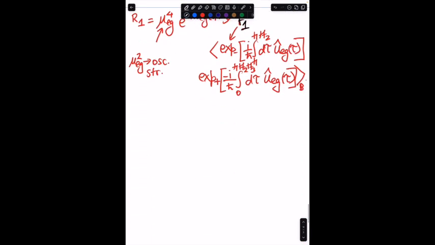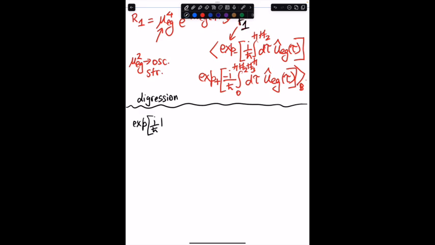So, digression. So you have i over h bar Hp t1. So this is a time reversal operator over t1, and then you have this negative time ordered exponential from 0 to t2, eg tau, d tau.